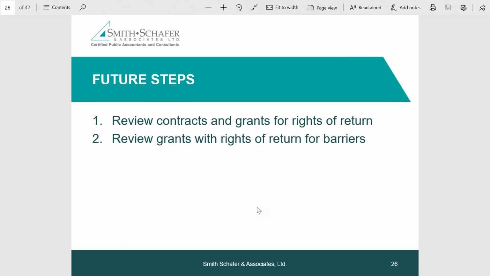This is going to be a new focus or a renewed focus during any audits to make sure we fully understand the barriers or the right of return. So you want to make sure you have the information available to make sure that you're accounting for it correctly and that we can audit it at the end of the year.